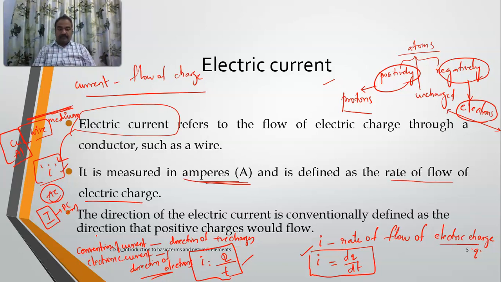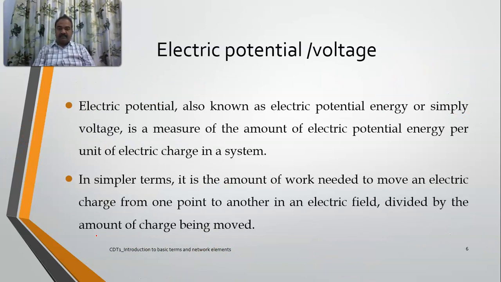And moving on, the next common term is electric potential. In the last slide I showed you that we consider current as a flow of charges, which means that I'll take a wire, and the charges are moving from this place to this place. How are they moving? Maybe some external force is driving them, right? So some energy is being spent in moving these electrons to this end.